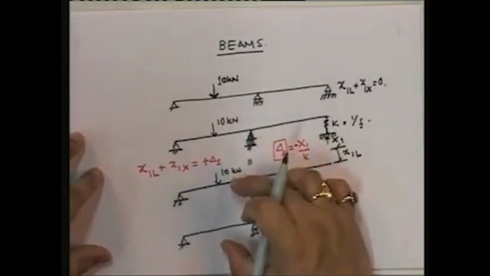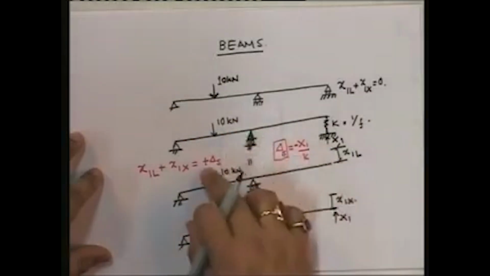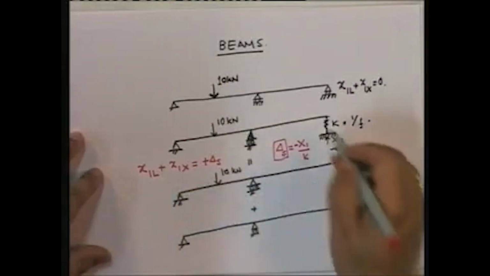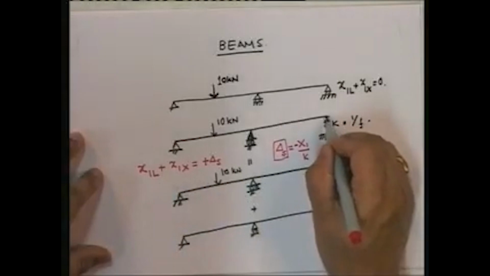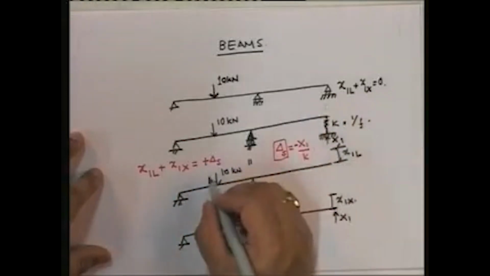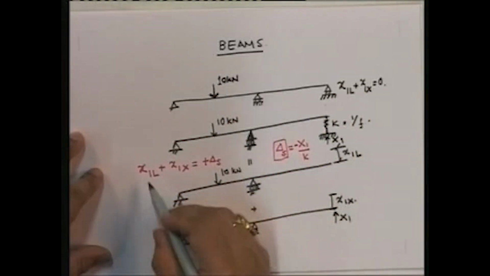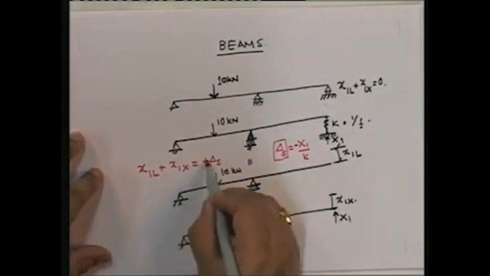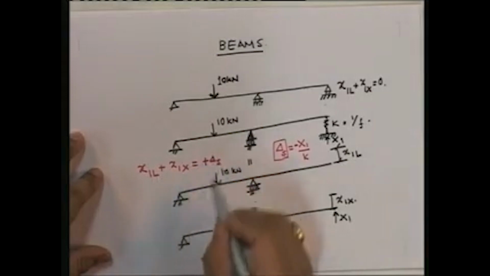When the spring expands, it's positive. If the spring compresses, this is negative. If delta S were positive, it would also be in this direction. So x1L plus x1S will be equal to plus delta S.